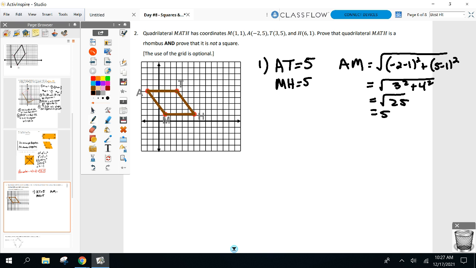All right, one more side, right? What's our last side? TH? Subtract your x's, subtract your y's.